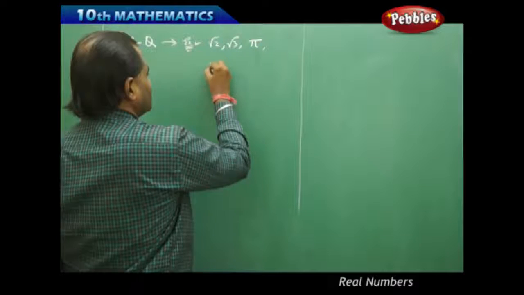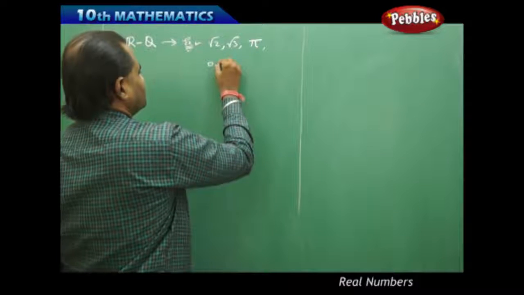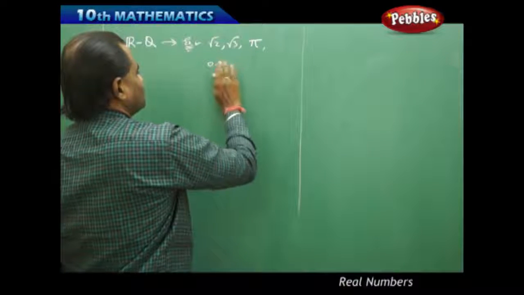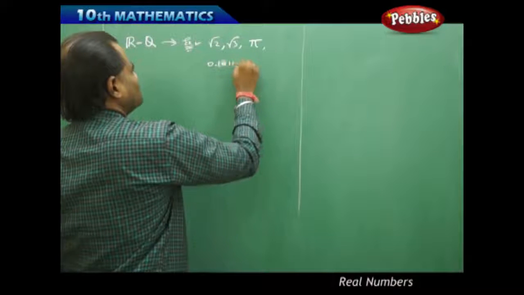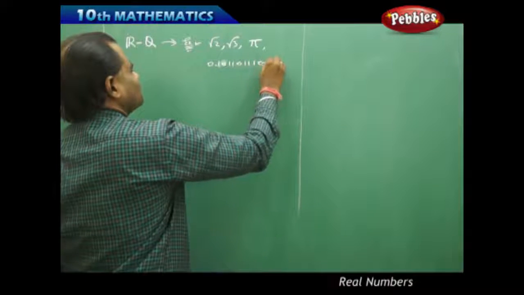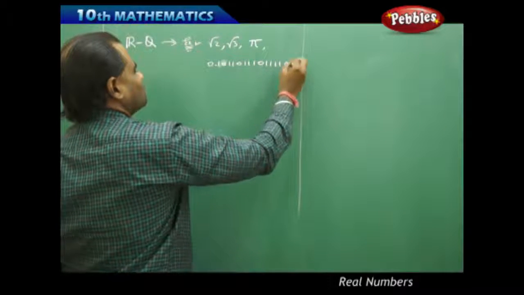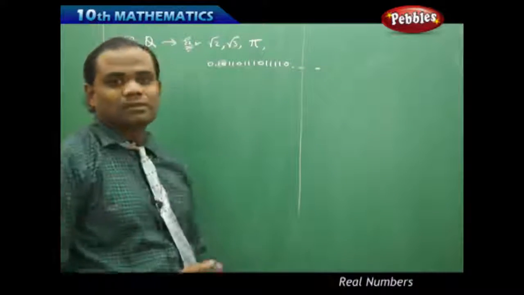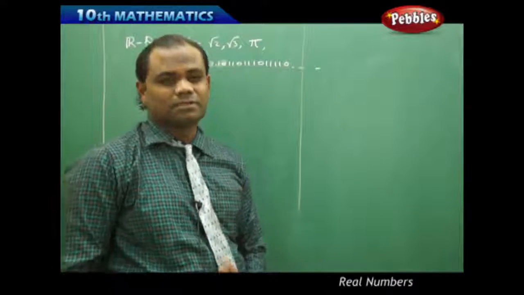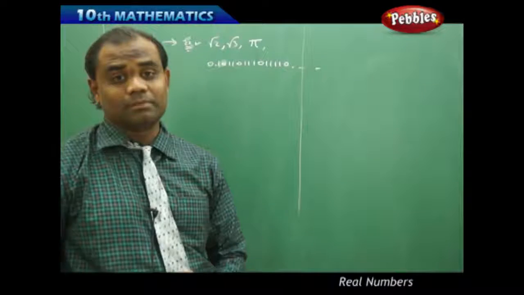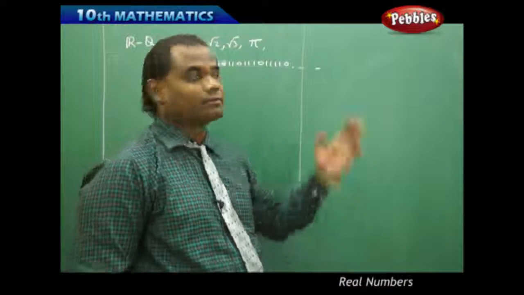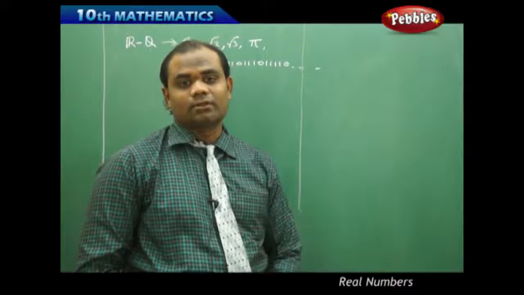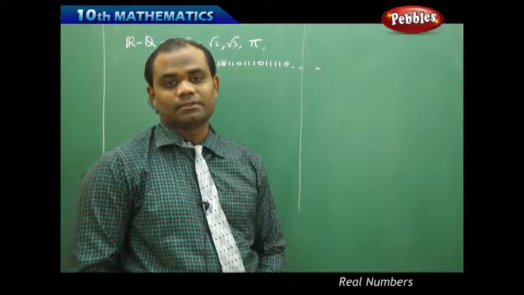Then you can also take 0.010, etc. So I have different types of irrational numbers in mathematics. This being one of the cases is how I understand irrational numbers.